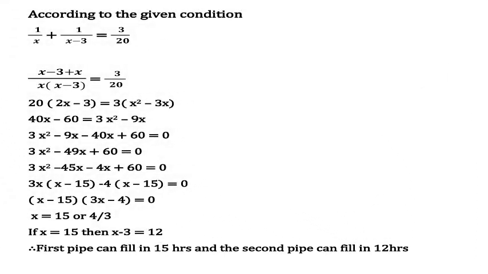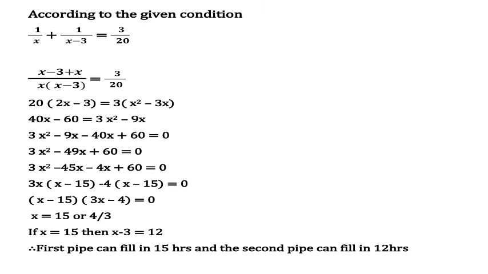According to the given condition, 1 by x, that is the part of the cistern filled by the tap x in 1 hour, plus 1 by x minus 3, the part of the cistern filled by the second tap in 1 hour, is equal to the part of the tank filled by both the taps together in 1 hour, which is equal to 3 by 20.